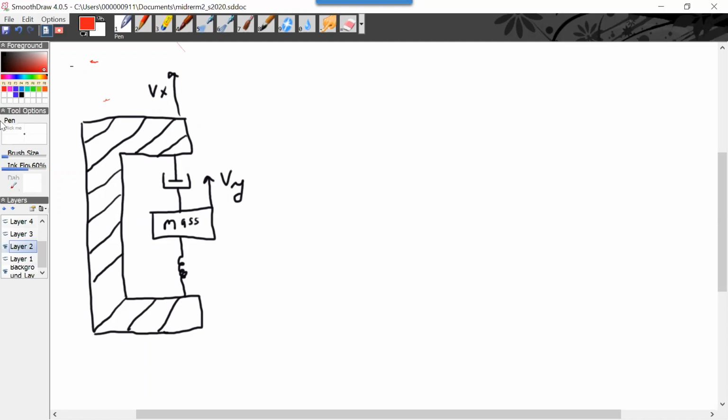All right, that's been, I think, 5 minutes. So what we have here is the damper, which is the resistor. We have the spring, which is the inductor, and here is the mass, which is the capacitor.